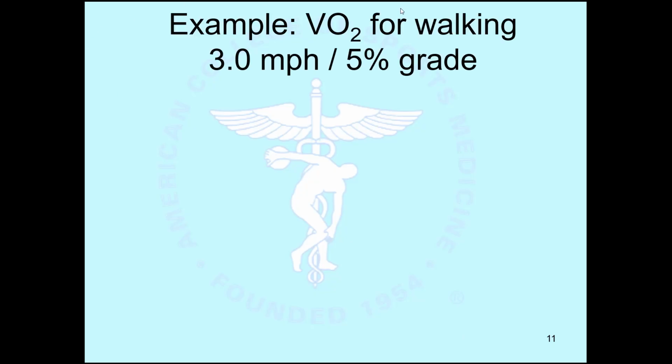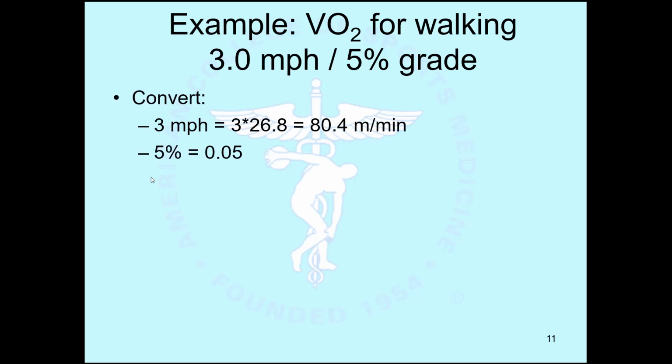So let's do an example. What's the oxygen consumption for walking 3 miles an hour up a 5% grade? First we have to convert to the right units. The conversion from miles per hour to meters per minute is 26.8. I would always give that to you on an exam. So 3 miles per hour times 26.8 gives us 80.4 meters per minute, and that 5% goes in as 0.05.